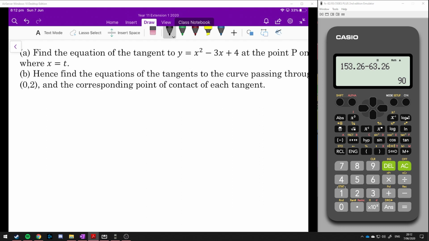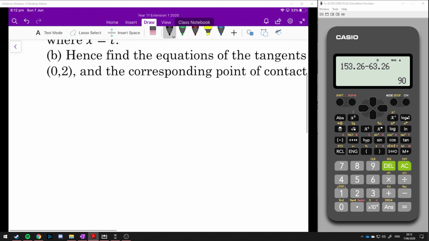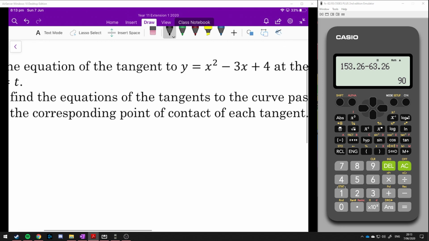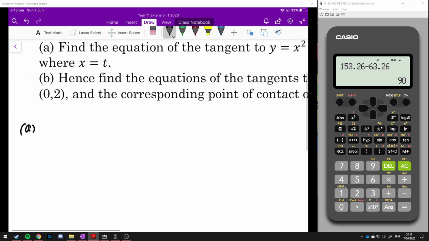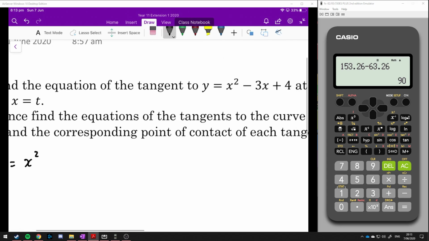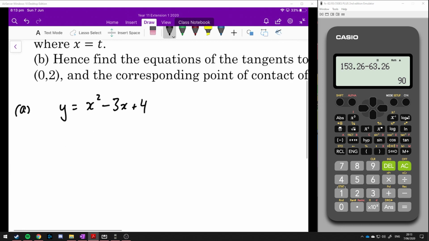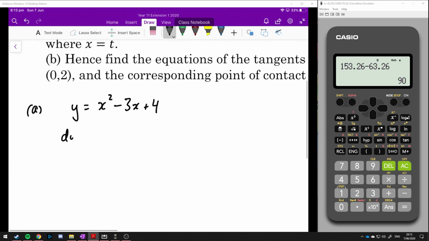So let's start off with part A, finding the equation of the tangent. Quite simply, we've got y is equal to x squared minus 3x plus 4, then to find the tangent, I hope you're getting the hang of this, I'm going to do dy/dx.